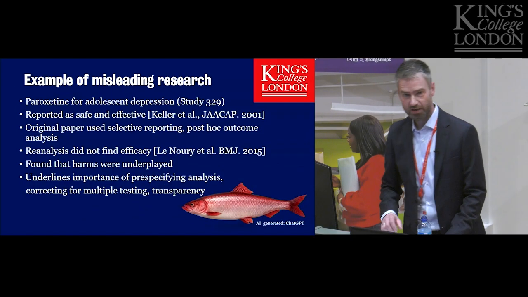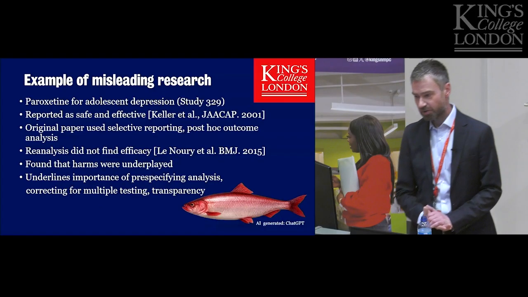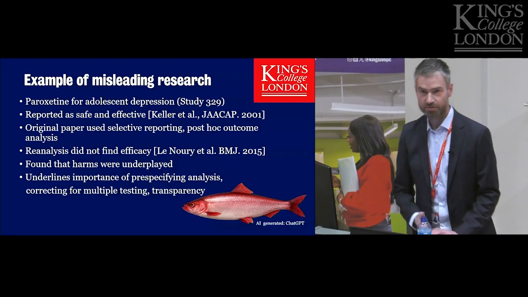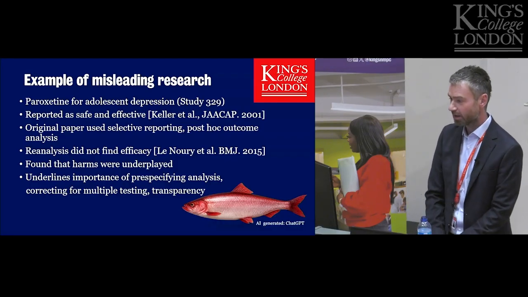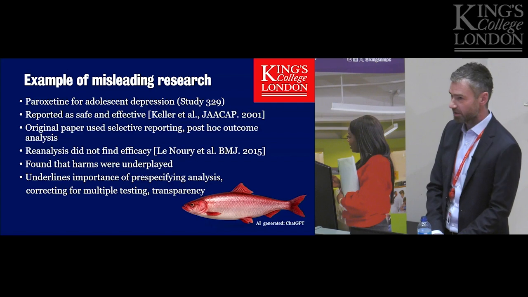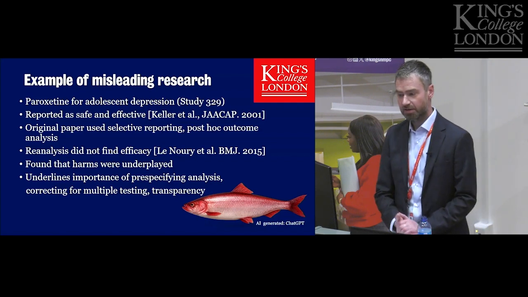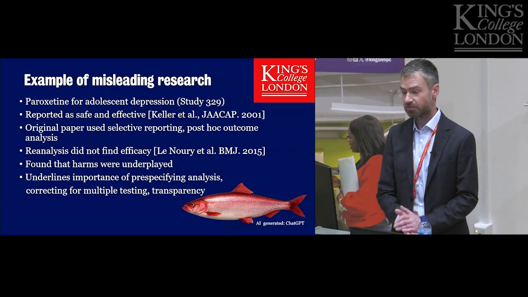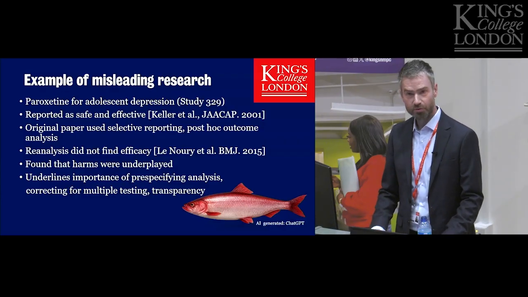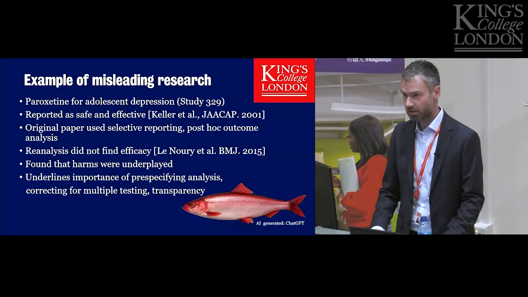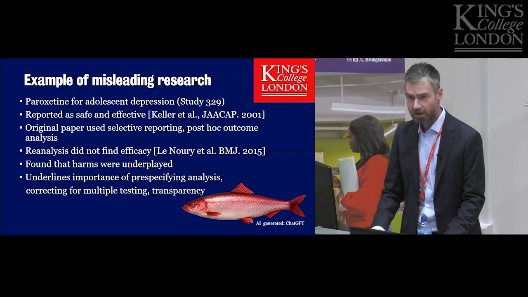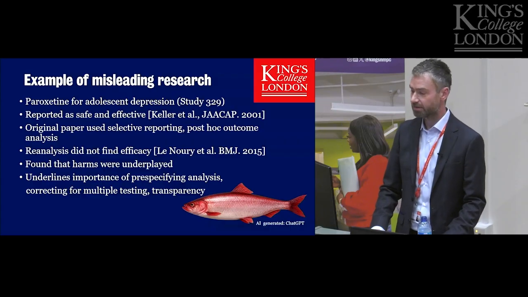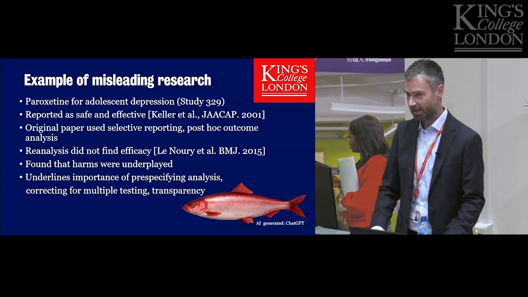So why does this matter in practice? Well, the reason is because trial results can influence health policy and the sorts of treatments that patients are offered. And one well-known example to illustrate the problem is paroxetine for adolescent depression, which is known as Study 329. So this was reported as safe and effective in a paper in 2001. But it was found that the original paper had used selective reporting and post-hoc outcome analyses.